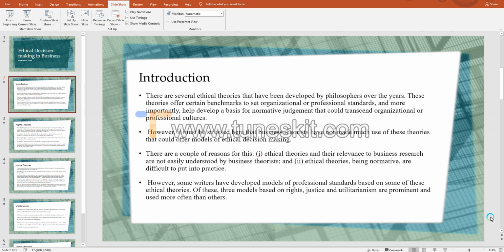Now, looking at the next point, there are a couple of reasons for this. Ethical theories and their relevance to business research are not easily understood by business theorists. And the next point is that ethical theories, being normative, are difficult to put into practice.